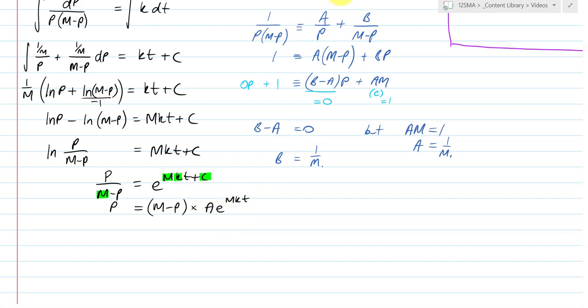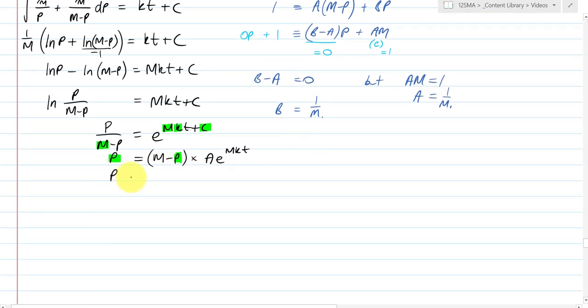Now, it looks pretty good. I've got p by itself, but I've also got another p here, so I have to do a little bit more work. So that will be to write p equals ma e to the mkt, and if k wasn't important and m wasn't important, I could combine these two, but I'm not going to combine them yet because k is related to the growth rate and m is the maximum capacity, so it might be important. Minus pa e to the mkt.